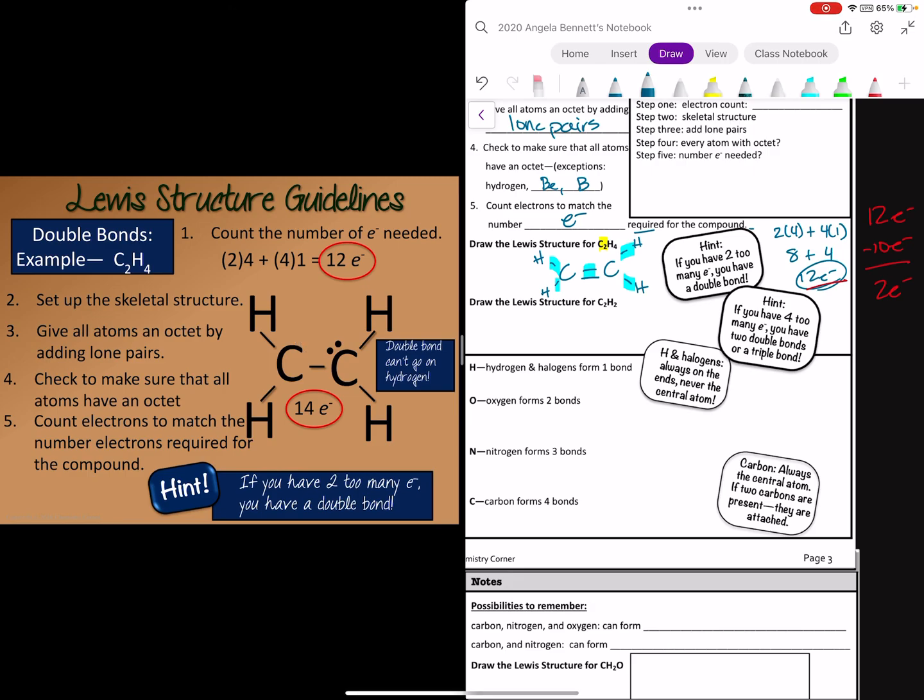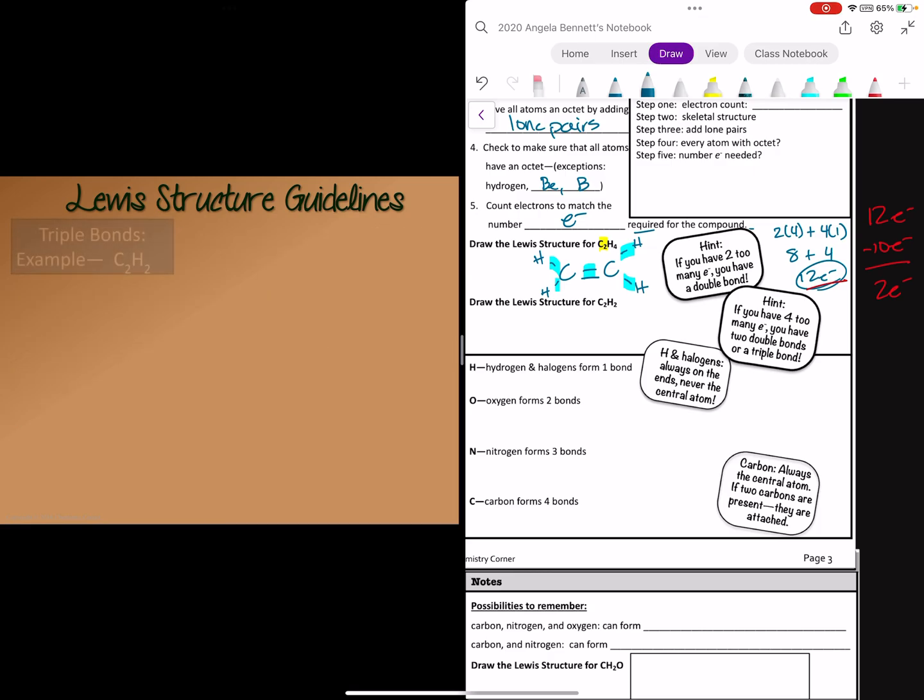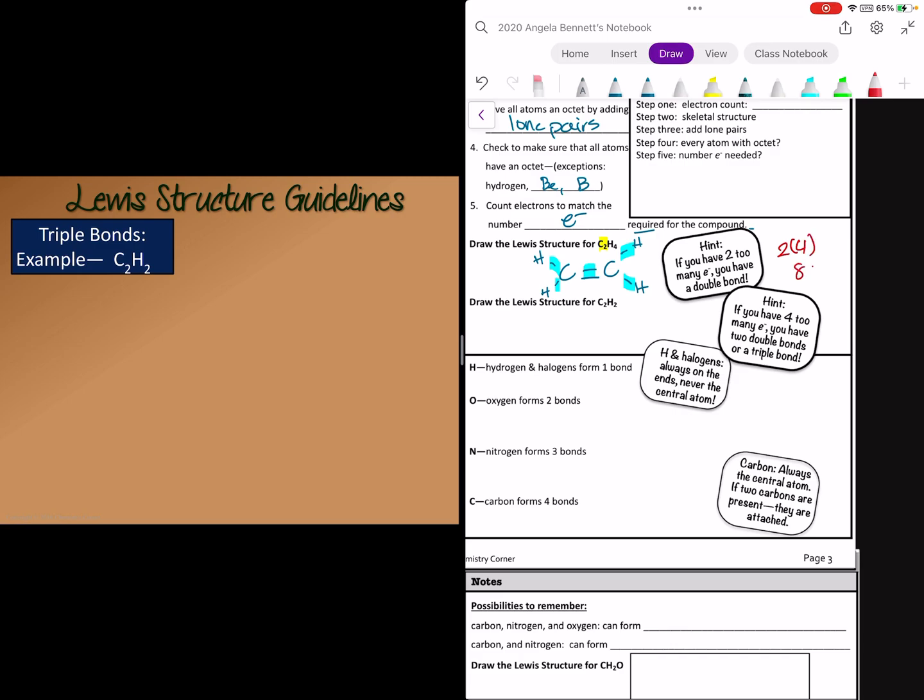And then a triple bond is here. So if we have the C2H2, let's go count up our number of electrons that we're working with. And just for space purposes, I'm going to get rid of this math so I can use the same space. All right, so I have 2 carbons, so that's going to be 2 times 4, which is 8.